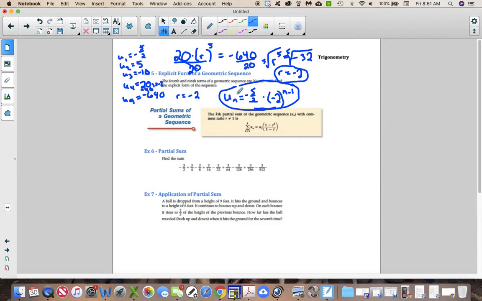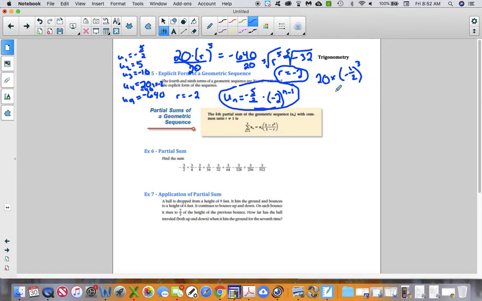A way of getting around that, if you didn't want to backtrack each time, to get from 4 back to 1, I would have to do that process 3 times. So I could take 20, again, if this is confusing you, just stop listening. I could take 20 times negative 1/2 to the 3rd power, because I'm starting with 20 and I'm backtracking 3 times, but I'm multiplying by negative 1/2 this time.